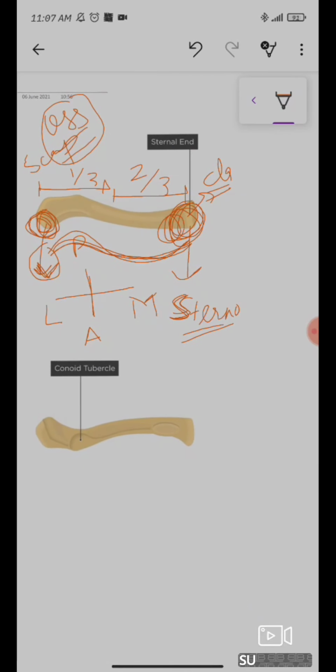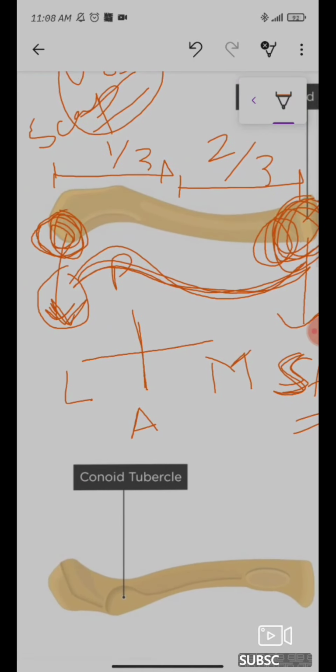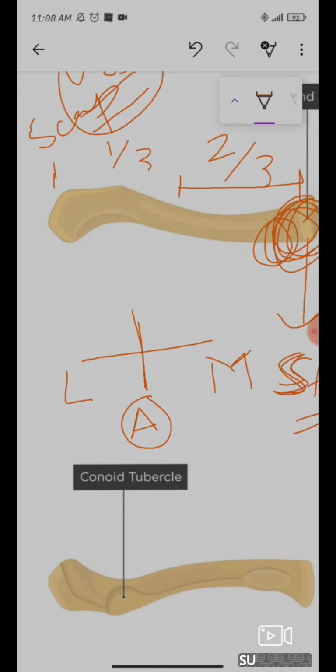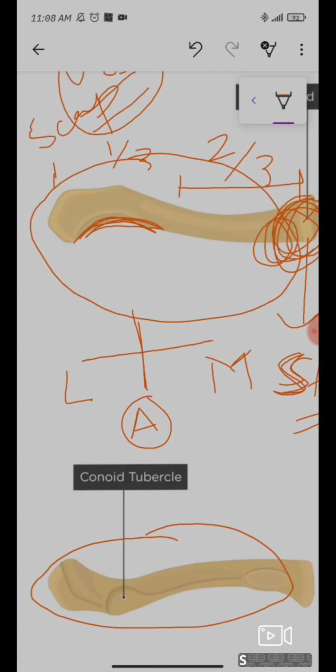Now we will talk about the lateral 1/3 part. It has two borders, anterior and posterior. In the superior surface, the anterior border is concave and the posterior border is convex.